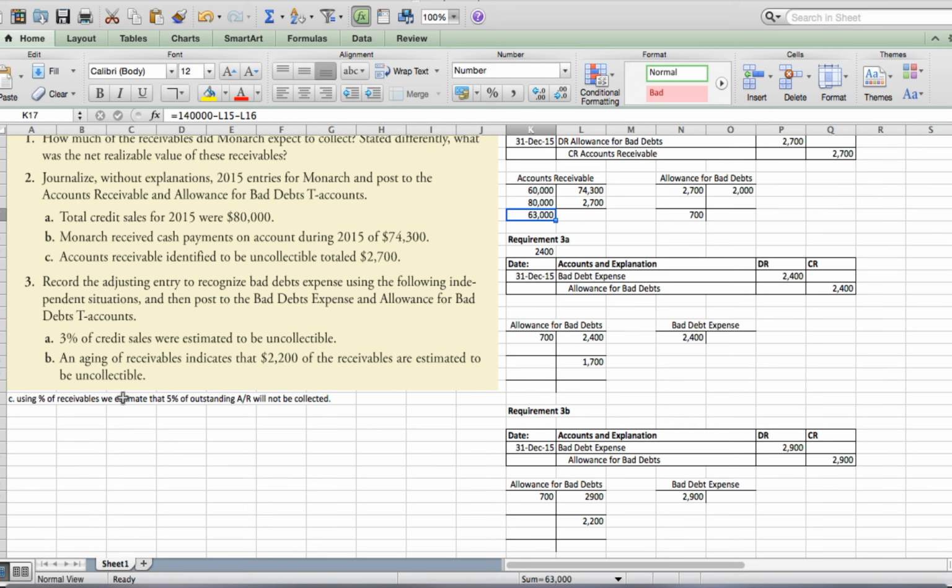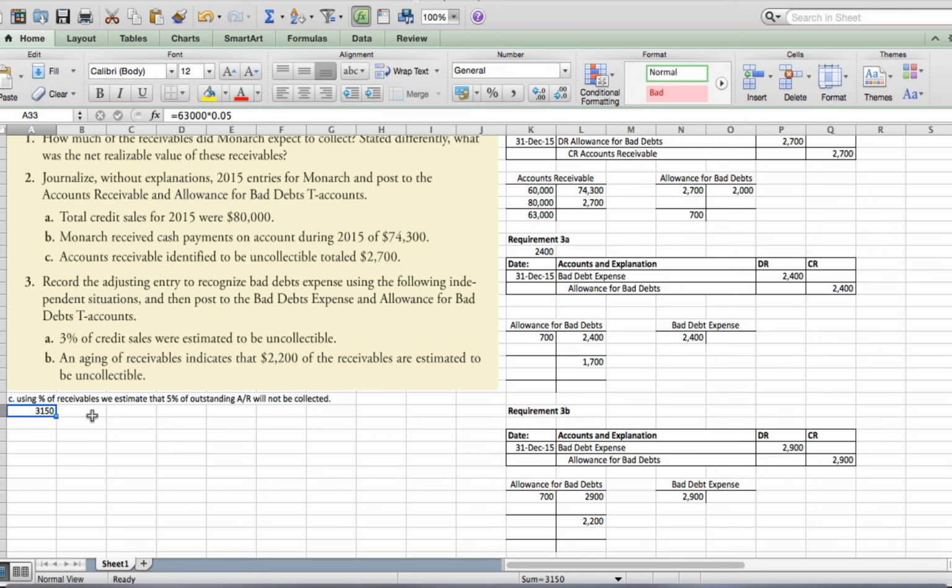So to get my target amount, like the $2,200 that was given to us in Part B, what I need to do is multiply the balance of accounts receivable, $63,000, times the 5% right here. Okay? So I would have 63,000 times 5%. Okay? That would give me a target of 3,150.